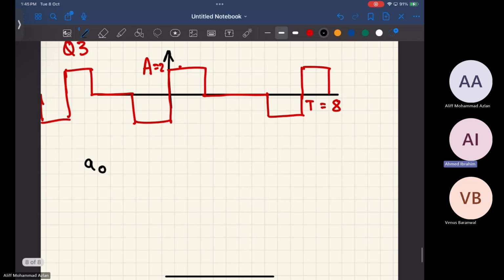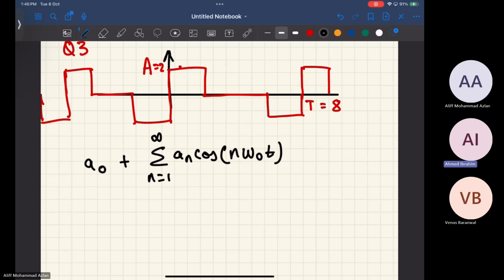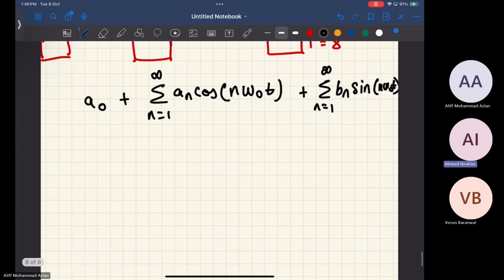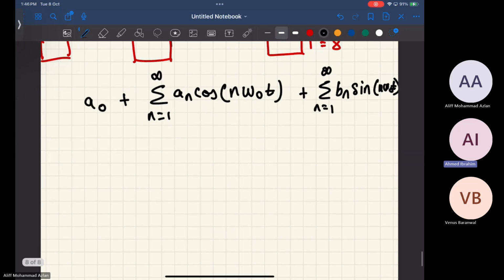So we've got a DC component plus an infinite sum of cosine terms, which have frequencies at integer multiples of the fundamental frequency, plus an infinite sum of sines. And the way we calculate the An's and the Bn's is just through an integral formula.